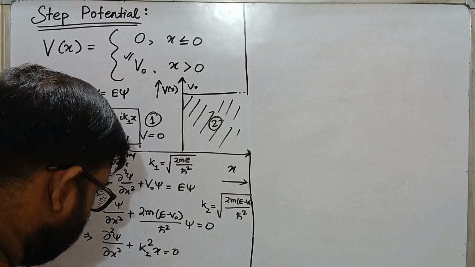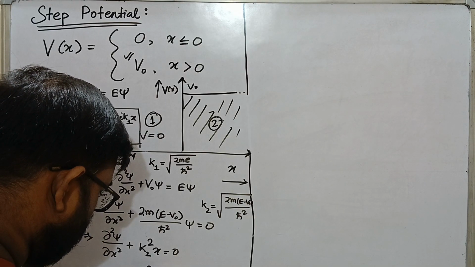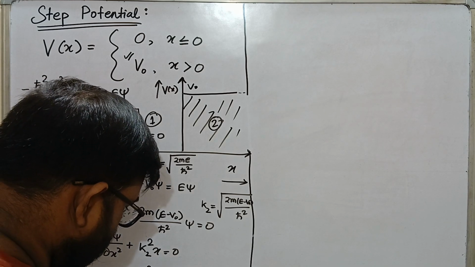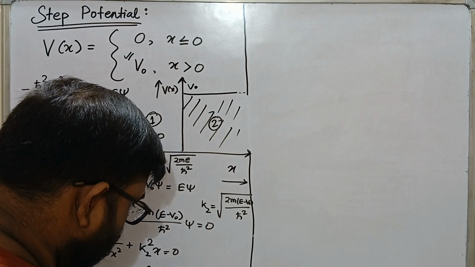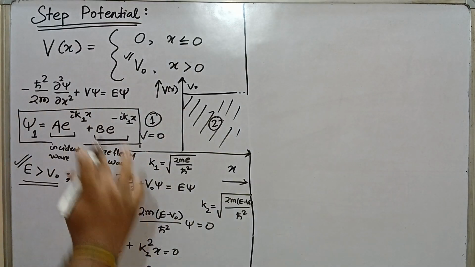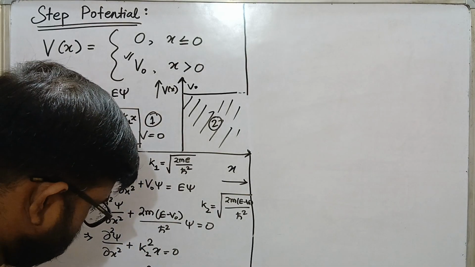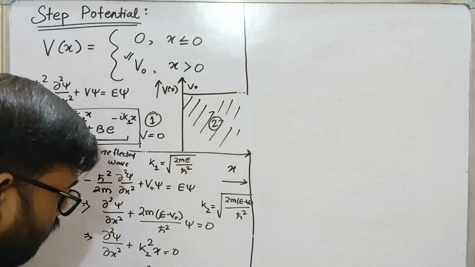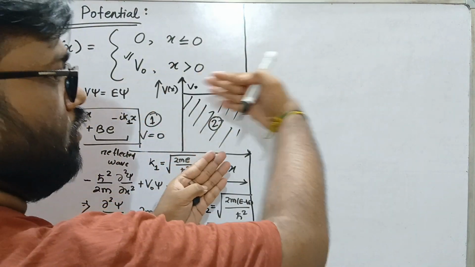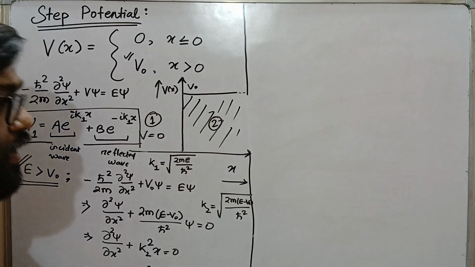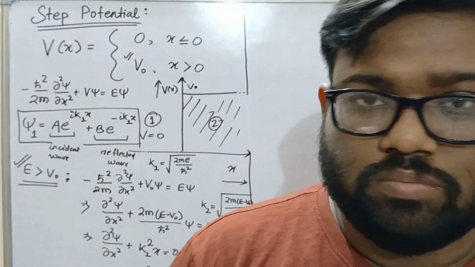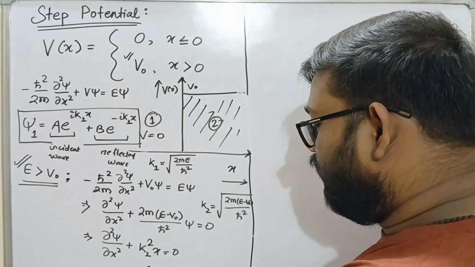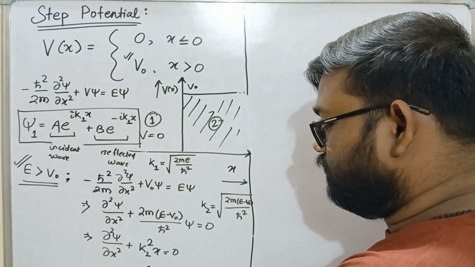C e to the power i k2x plus D e to the power minus i k2x. Now think about it. This one is going along this direction. This is a waveform which is coming out along the opposite direction. Now tell me, in region 2, will we need a wave function like this?